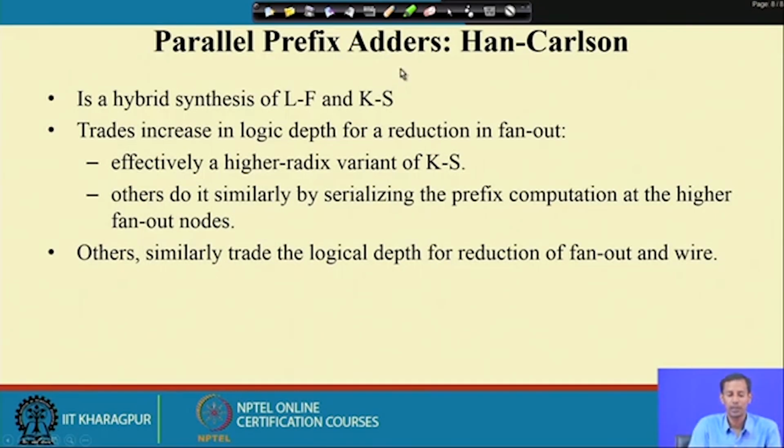Then we have the Han-Carlson algorithm. This is a hybrid architecture.